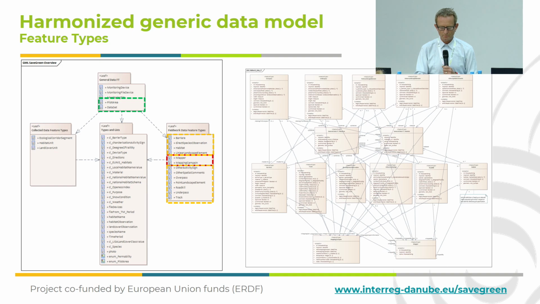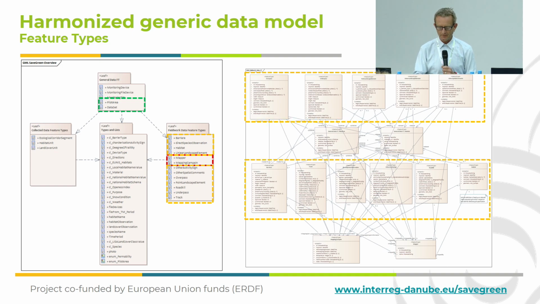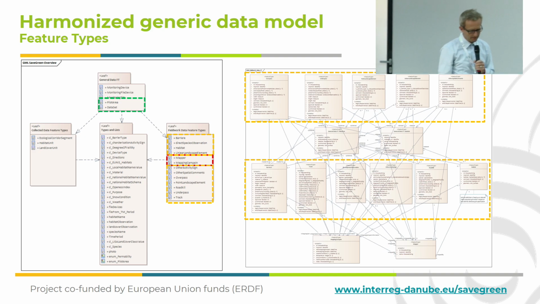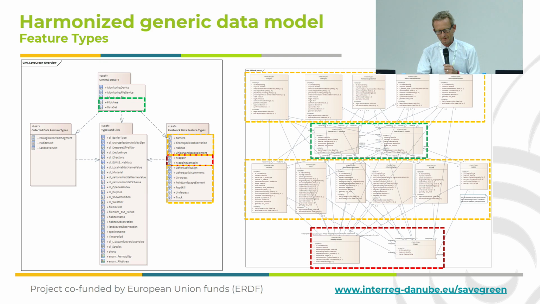The orange boxes are the objects which we are mapping in the field, these 10 objects, and they are directly related to the mapper, to the pilot area, to the data set, and to the mapping campaign. So that's the general overview of this data model.